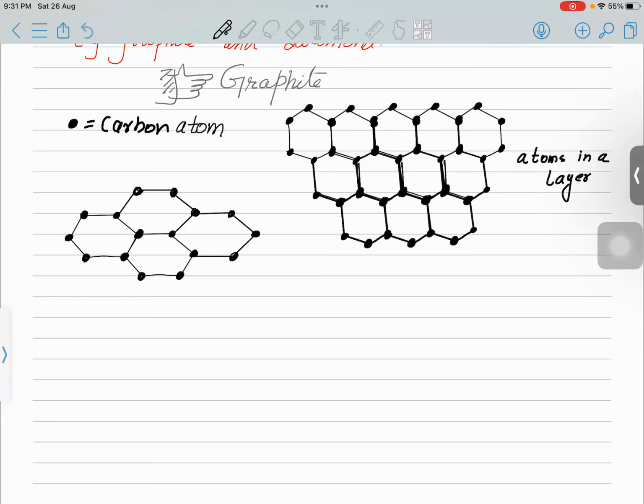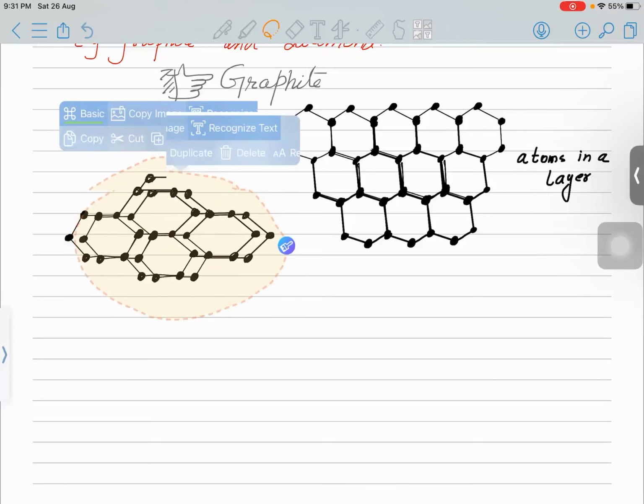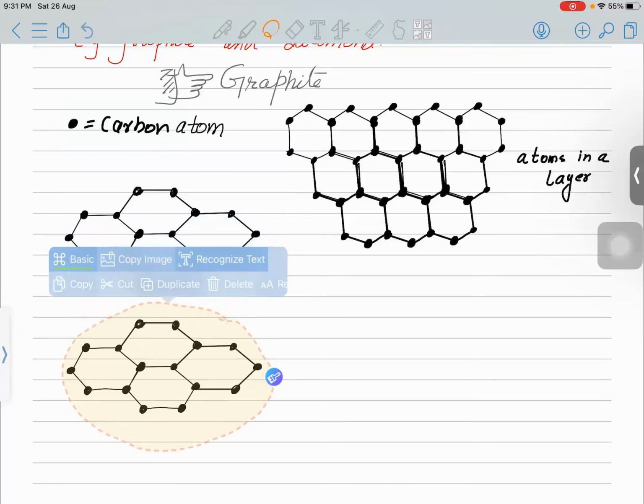Sir, so graphite is made of carbon? Yes, as I told you, graphite and diamond are allotropic forms of carbon. Okay, sir. Now look, this is one layer and this is another layer, right? Listen.